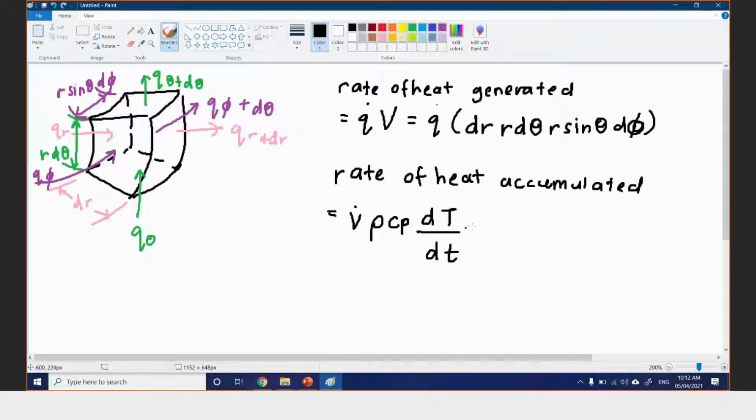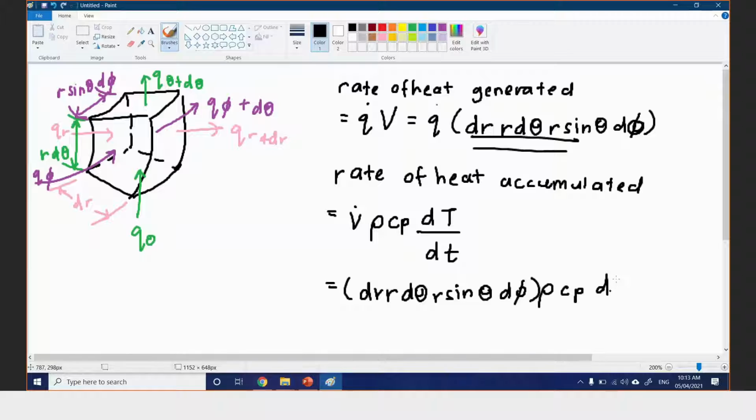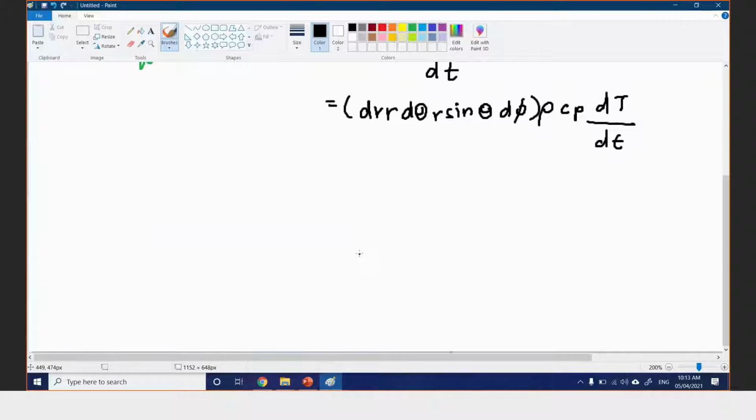Again we can substitute for the volume: dr times r d theta times r sine theta d phi, times rho Cp dT over dt. Okay, so this is the simple part.